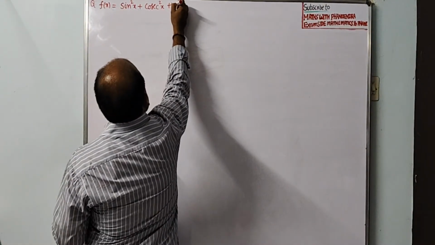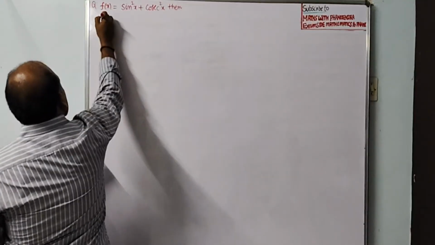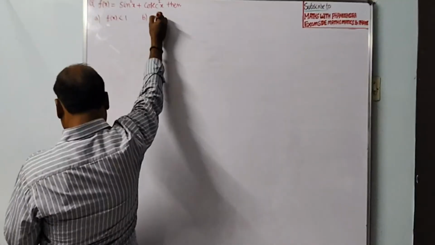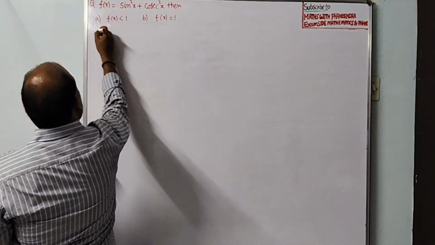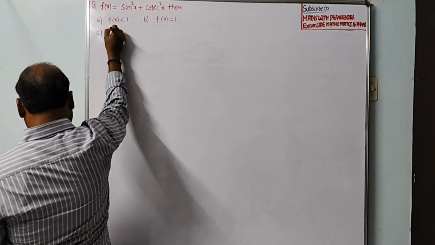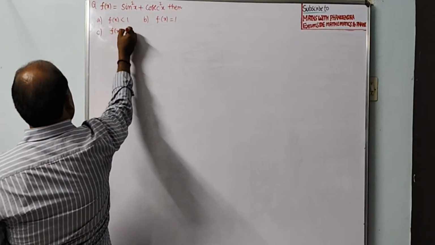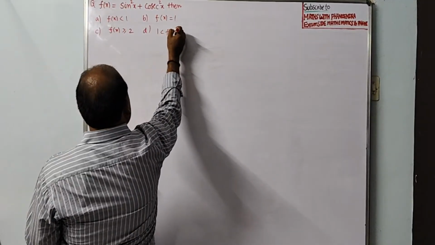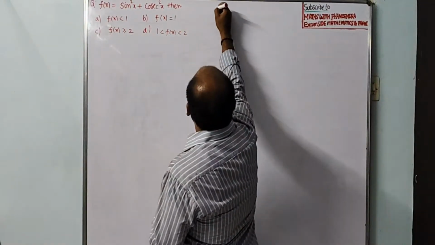Then first option, f of x less than 1, f of x equal to 1, f of x is greater than or equal to 2, 1 is less than f of x is less than 2.